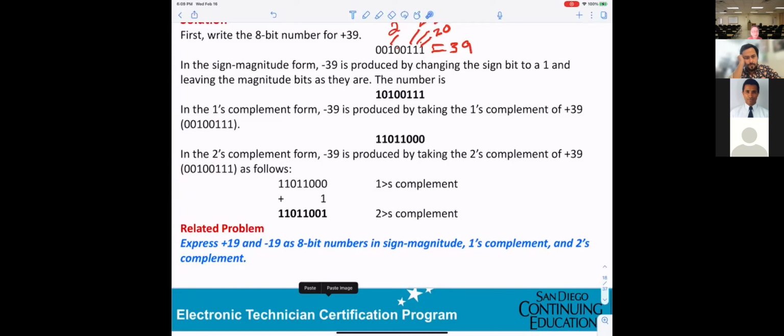Can you follow that? What I'm saying is, when you want to enter minus 39 on your keyboard, you have to type in minus 39, correct?